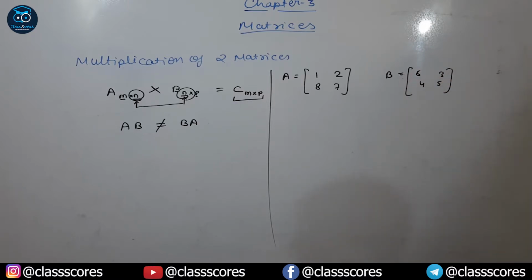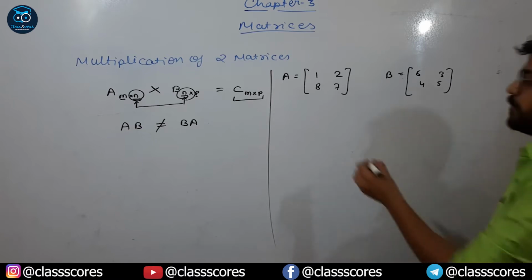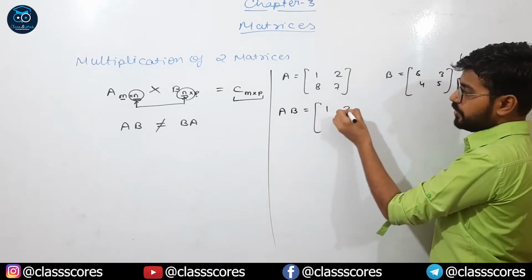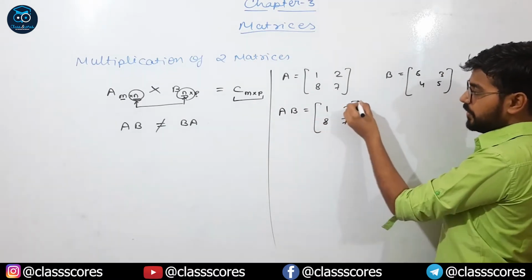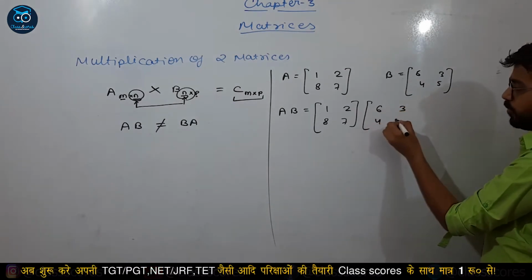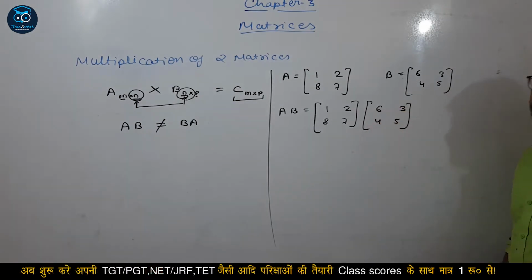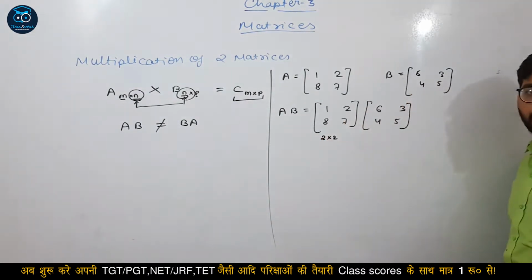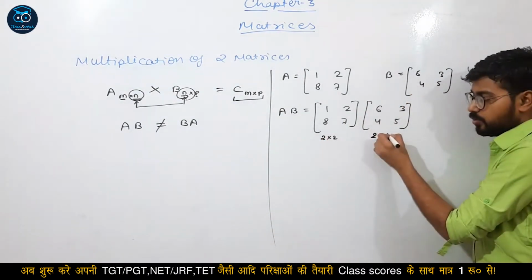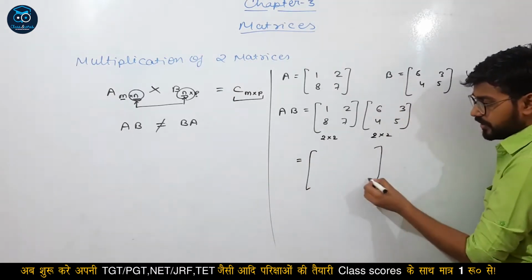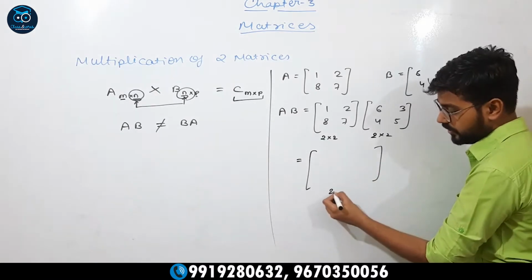Now we need to find the value of A into B. A into B: 1, 2, 8, 7 times 6, 3, 4, 5. You need to multiply. Here both have 2 by 2 order. It means the resulting matrix contains 2 by 2 order.